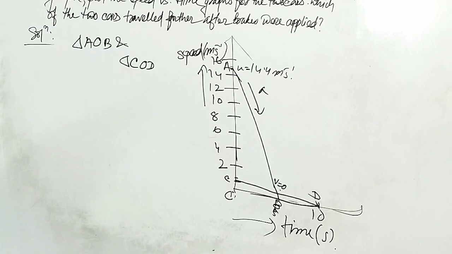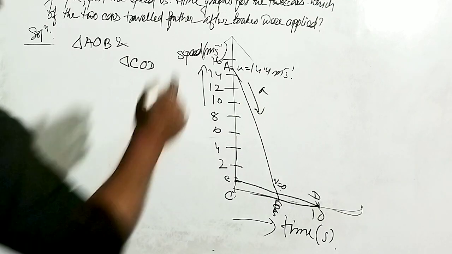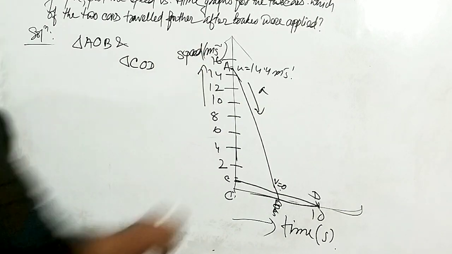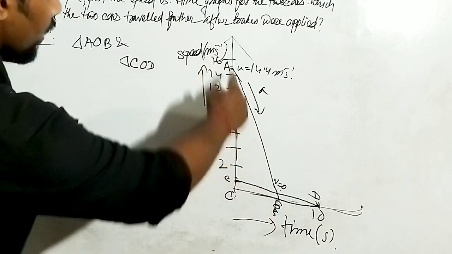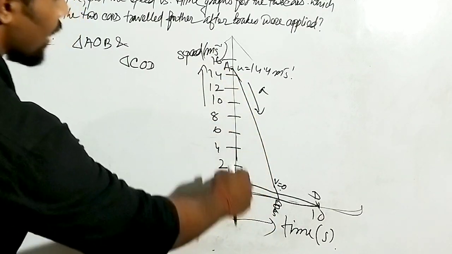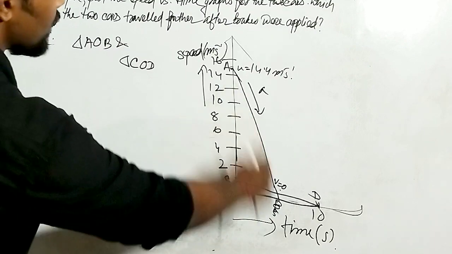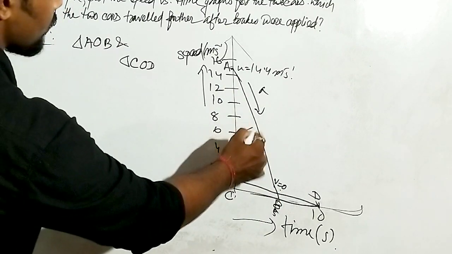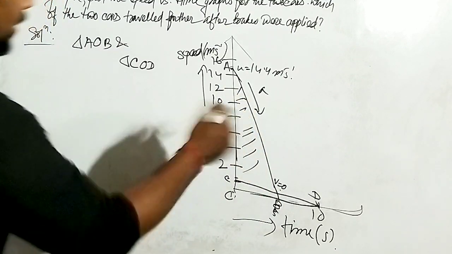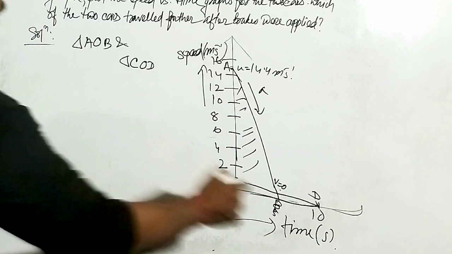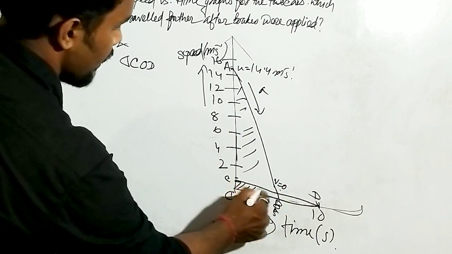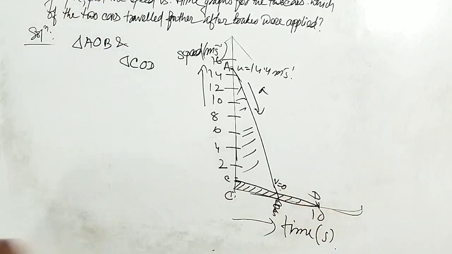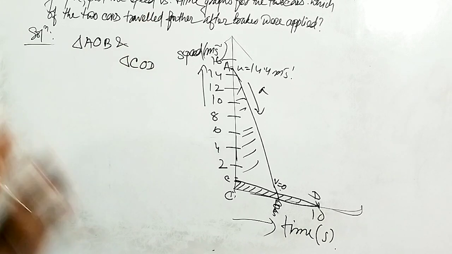In that case, always remember, we always need to find out the areas under this straight line. What will be the area under this straight line? It will be the area of this triangle. And for this straight line CD, this will be the area. So we need to find out these 2 areas, then we will be able to find out how far it actually traveled after the brakes were applied.